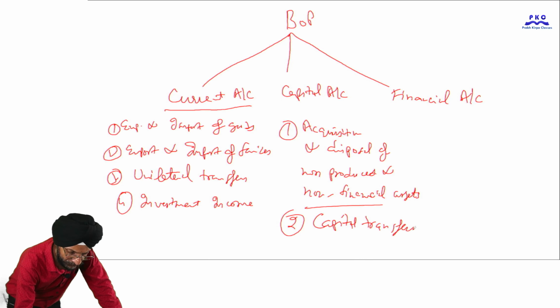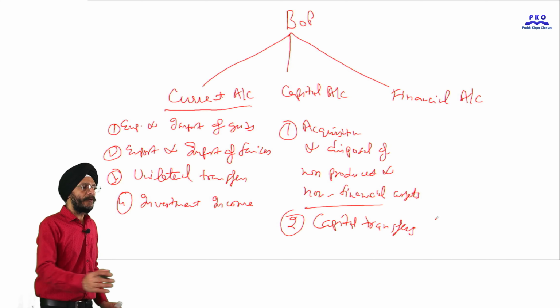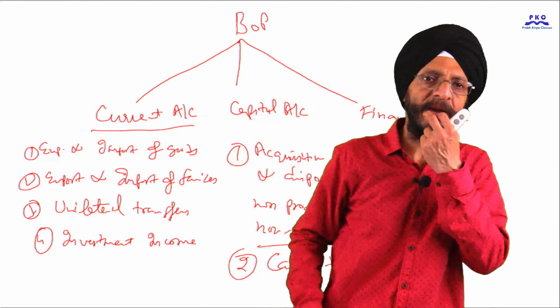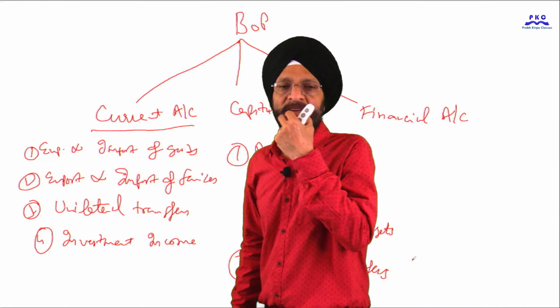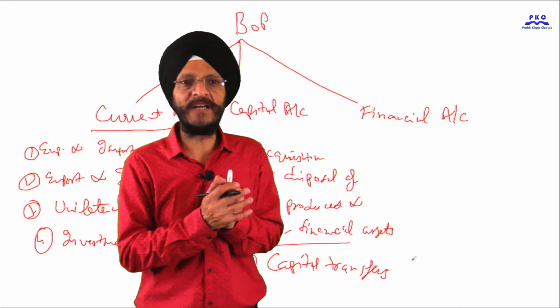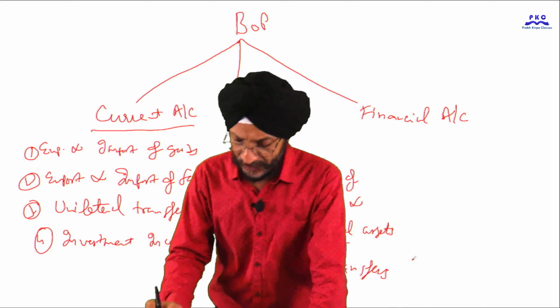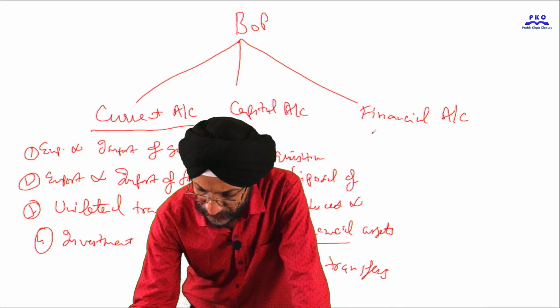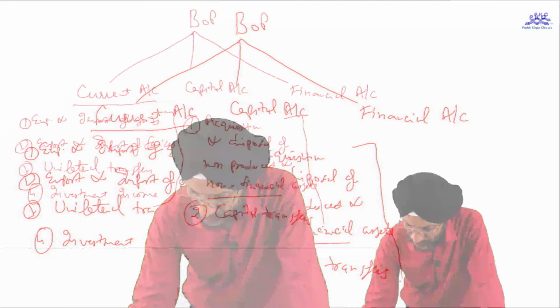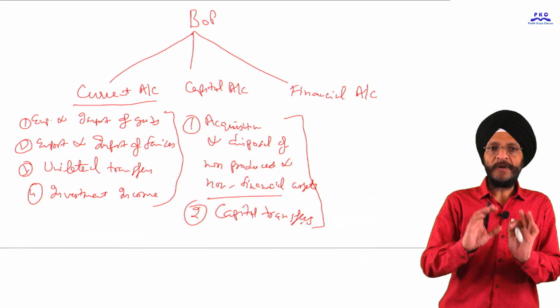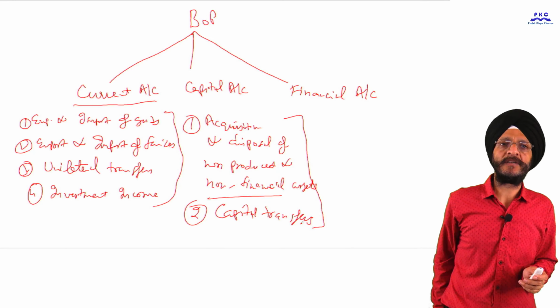If a country forgives its right to a debt, it is recorded in capital transfers. So you can see from here that current account has four components, and the capital account is concerned with non-produced and non-financial assets and capital transfers.